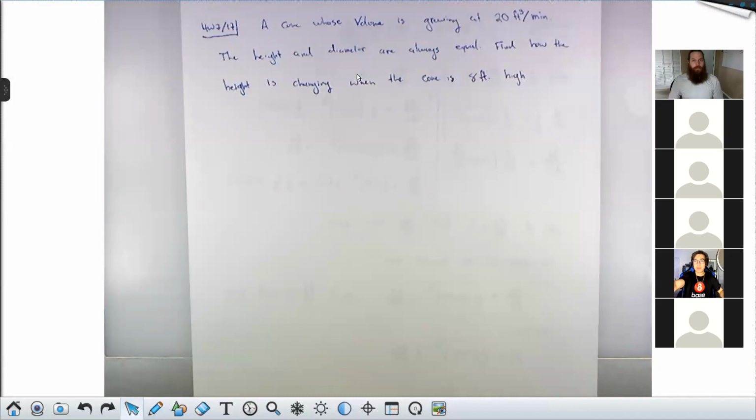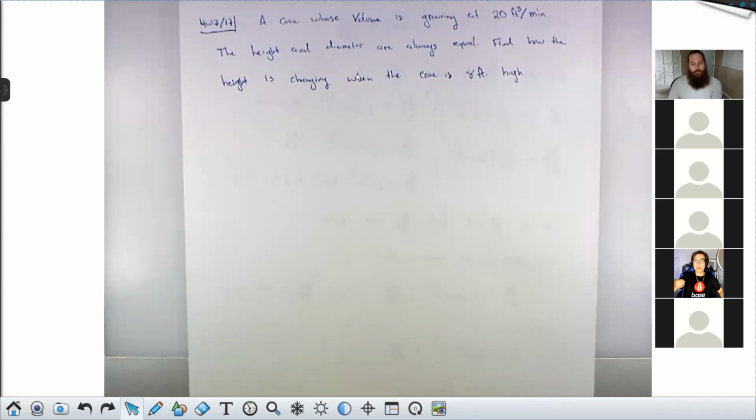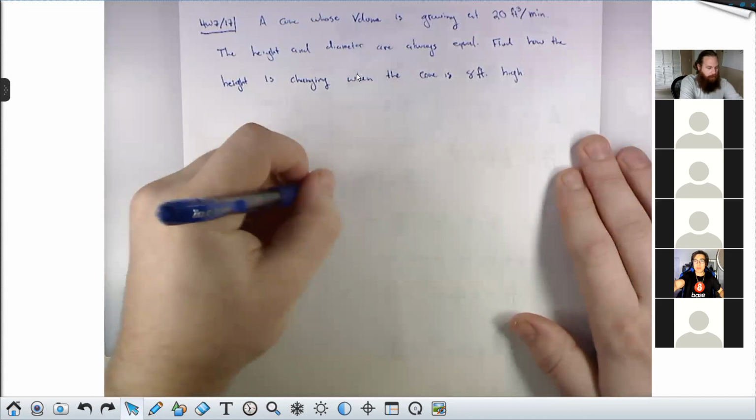Okay, so here's the important stuff. I've condensed the phrasing a little bit. So we have a cone whose volume is growing at 20 feet cubed per minute. The height and diameter are always equal. Find how the height is changing at the moment when the cone is 8 feet tall. So I'll draw the picture here.